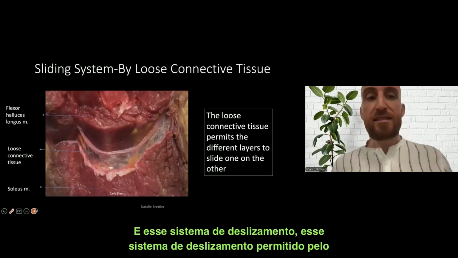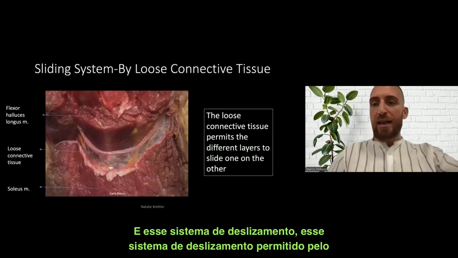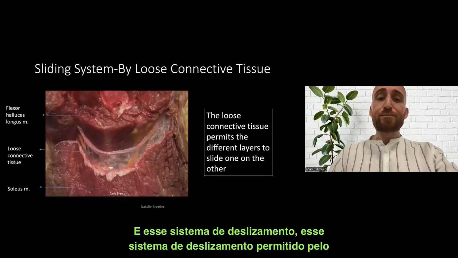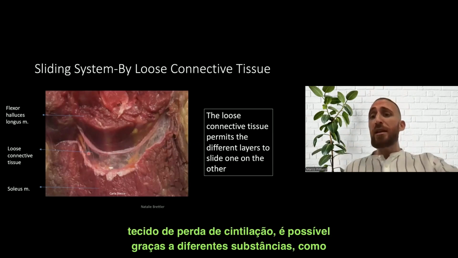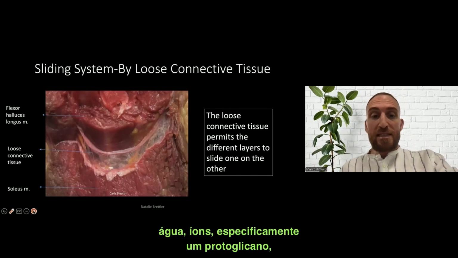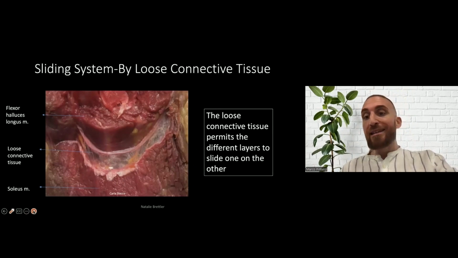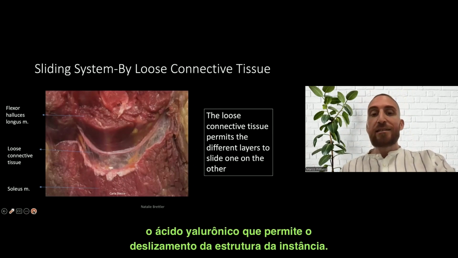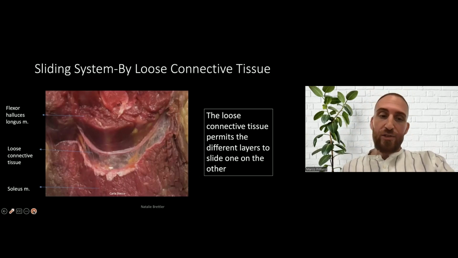This gliding system, allowed by the loose connective tissue, is made possible by different substances such as water, ions, but specifically one proteoglycan, hyaluron or hyaluronic acid, that allows the gliding of different structures.